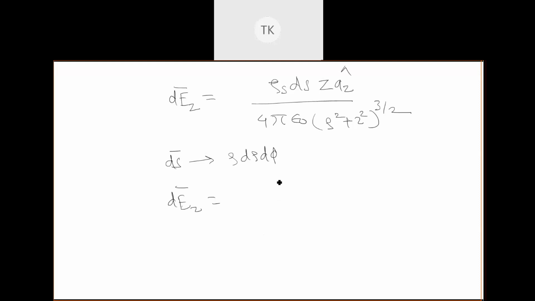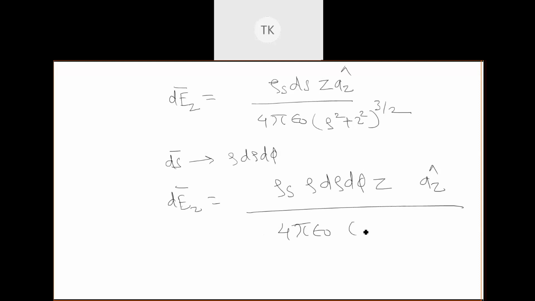It will be dE_z, with dS replaced by rho d rho d phi: rho_s z a_z cap divided by 4 pi epsilon 0 (rho square plus z square) raised to 3 by 2. Okay, now we have got a differential electric field intensity in the direction of the z axis, which can be explained with the help of this expression.